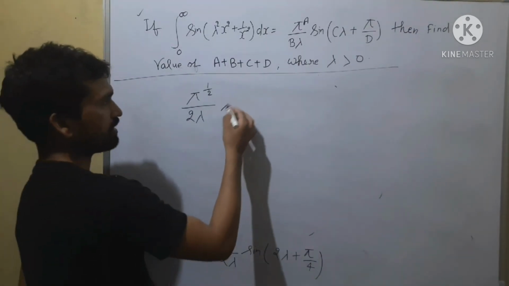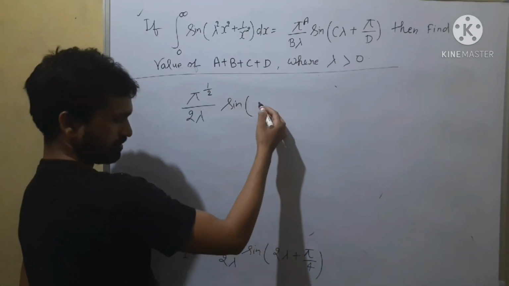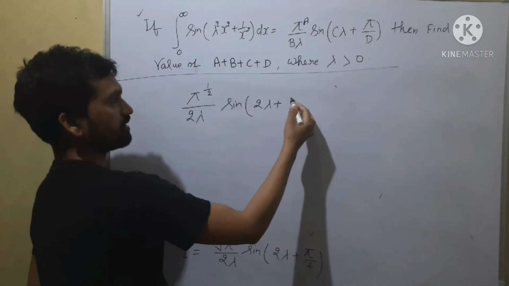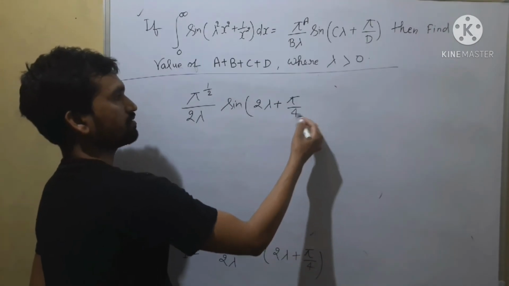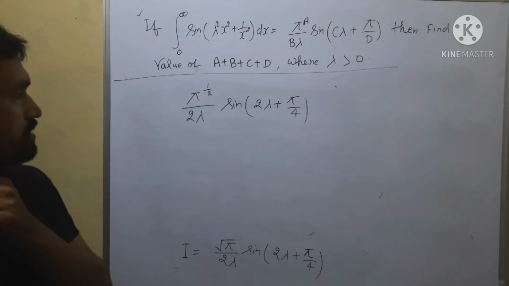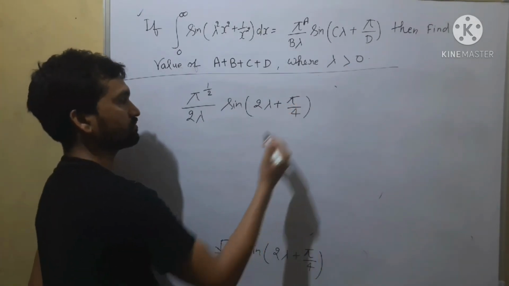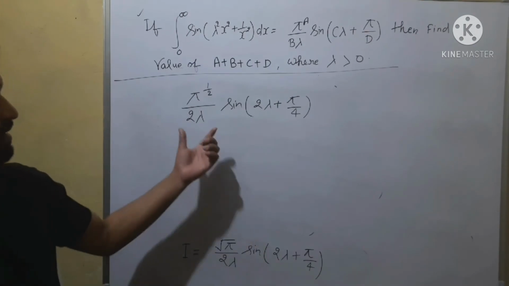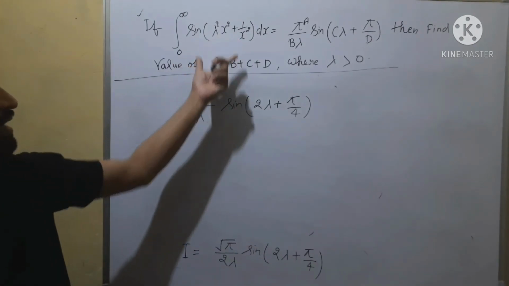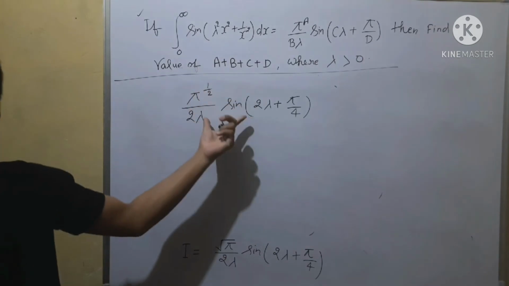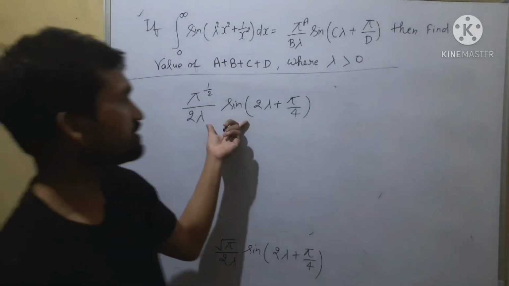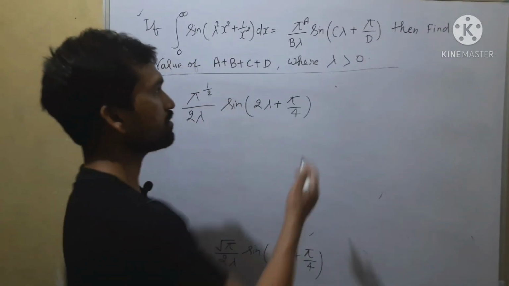Okay, and this is sin of 2 lambda plus pi by 4. Okay guys, this is our value of LHS, and this value of LHS is equal to RHS.